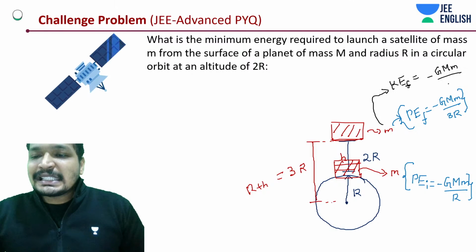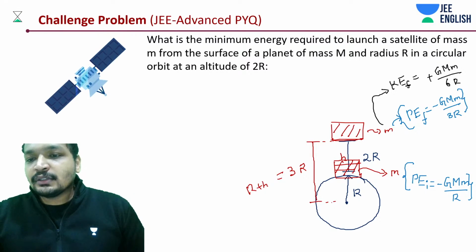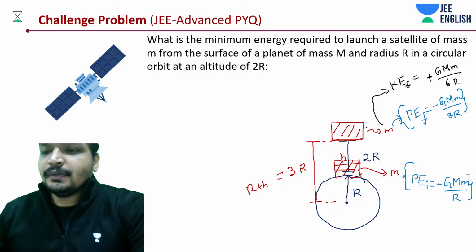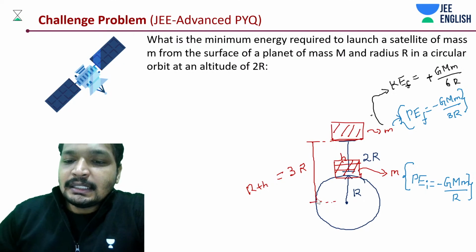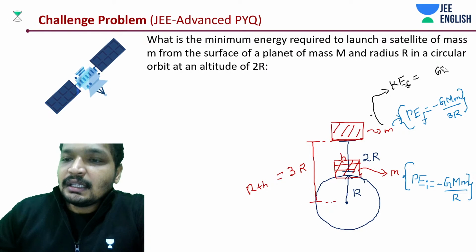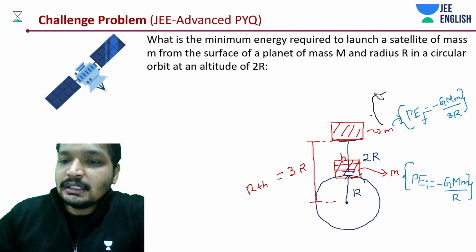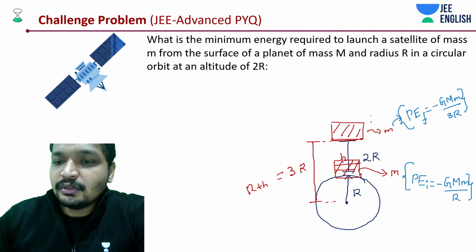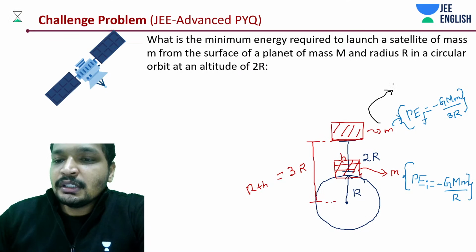GMm by 6R. Minus of minus, okay, it's going to be plus. My mistake, minus of minus. That's it, students. Let me again write it down neatly.